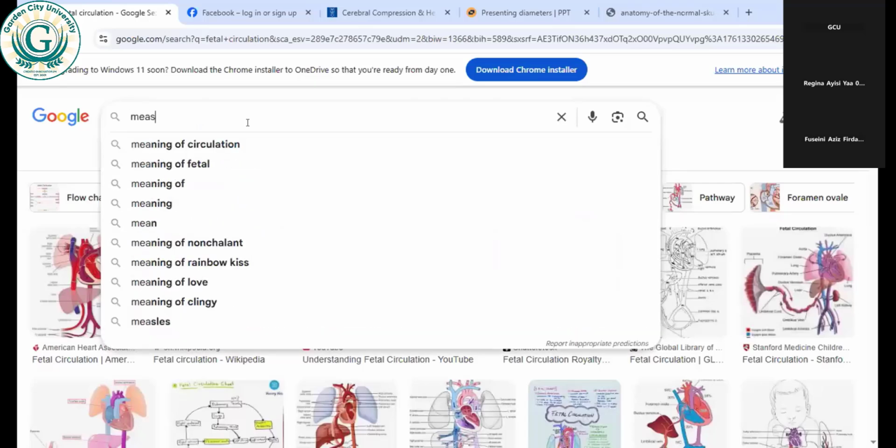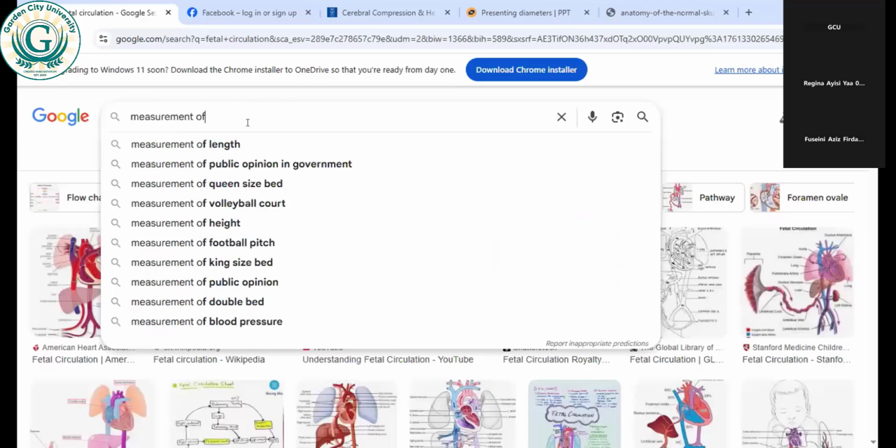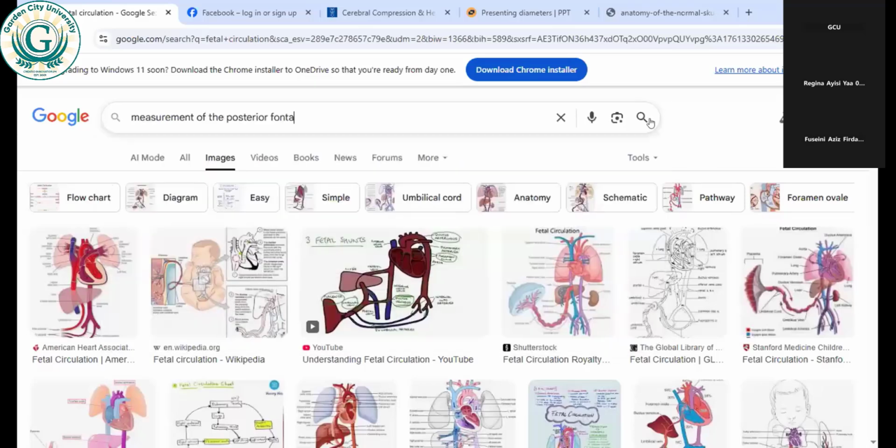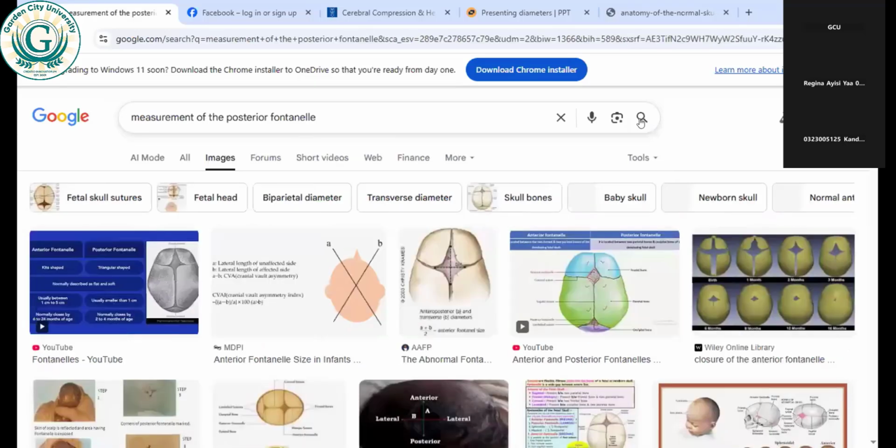But I think you have to search and see, because in Margaret Myles, only the anterior they gave the measurement for, but the posterior they did not give the measurement. So maybe you can search for that one too. Thank you.